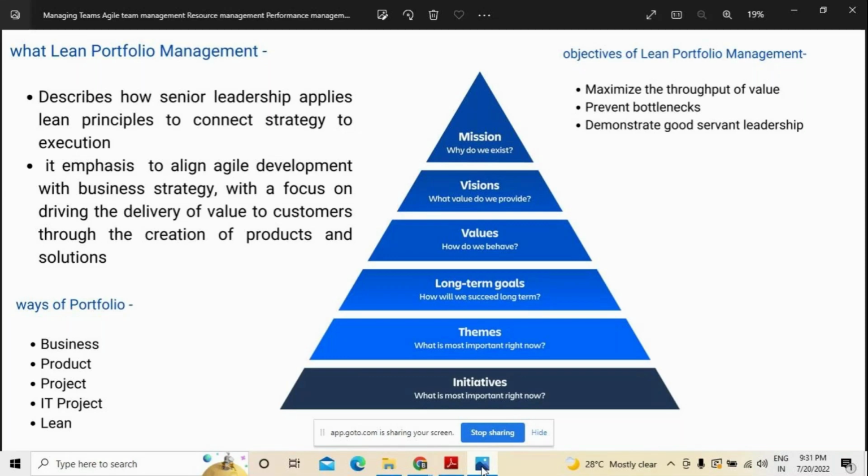So these are the 6 different dimensions we have to see in reference to lean portfolio management. We have to focus more on them when we want to follow lean portfolio management, in the process of providing solutions for any customer requirements. So this is all about lean portfolio management.